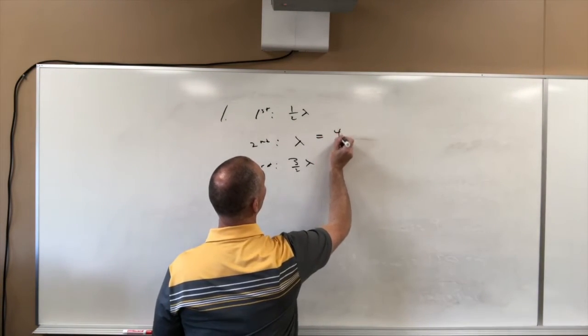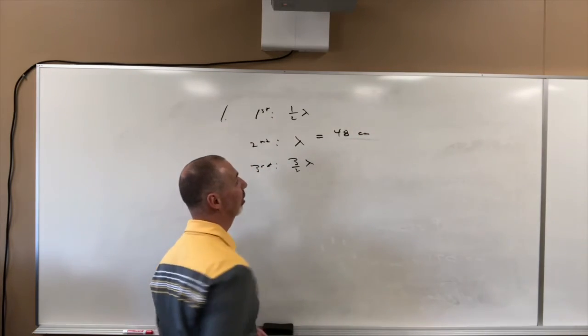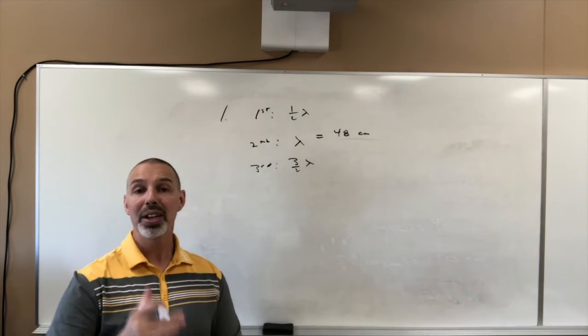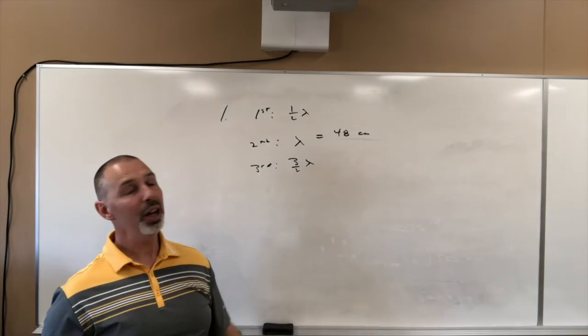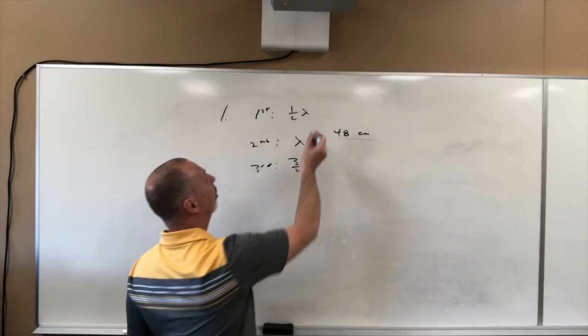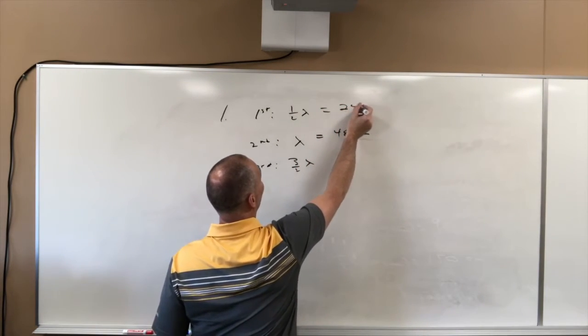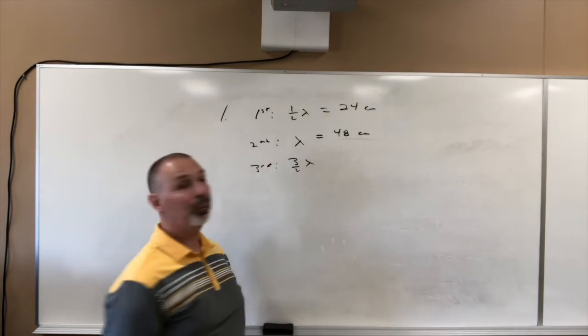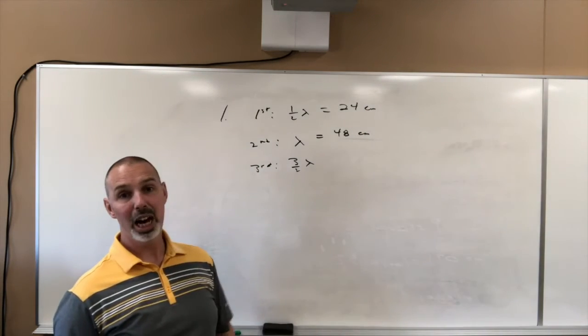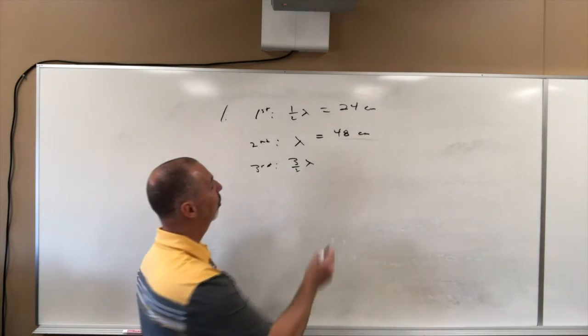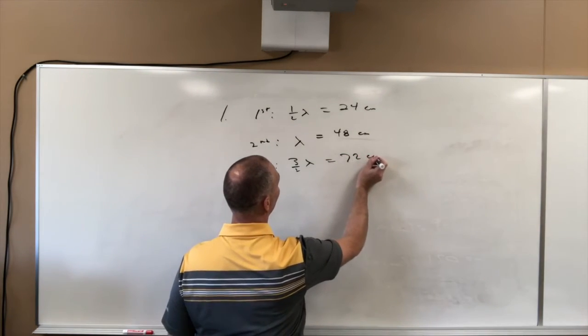So now we can go up and down. If 48 is our wavelength, half the wavelength is going to be 24. And 3/2 of the wavelength, 48 times 1.5, is 72 centimeters.